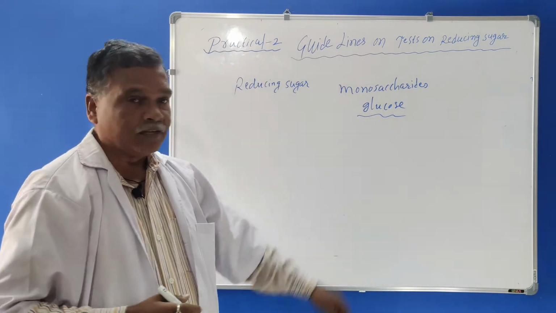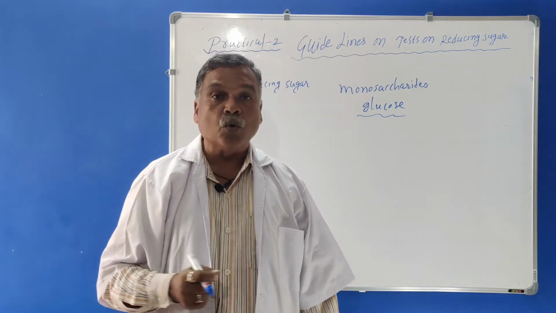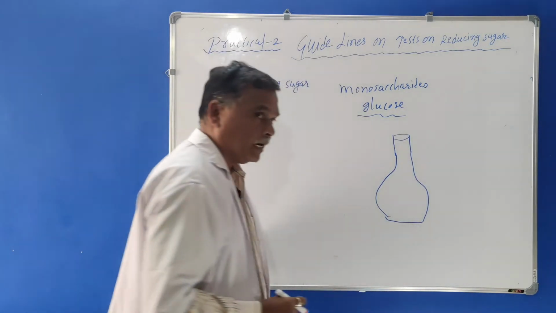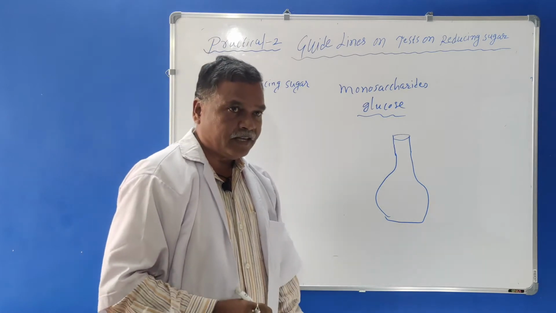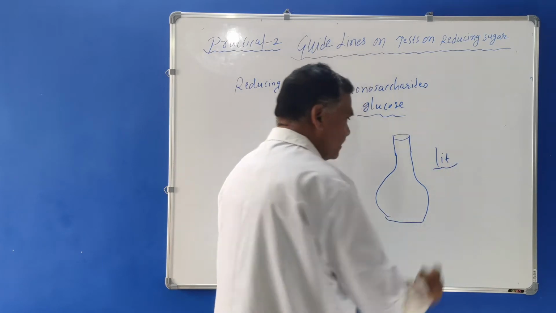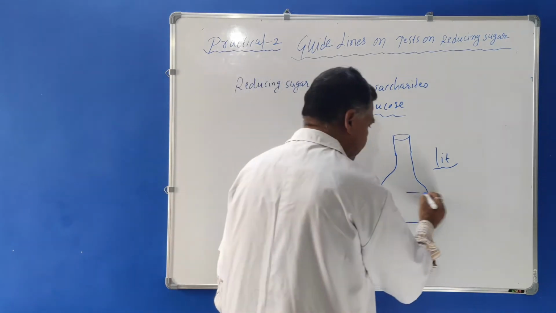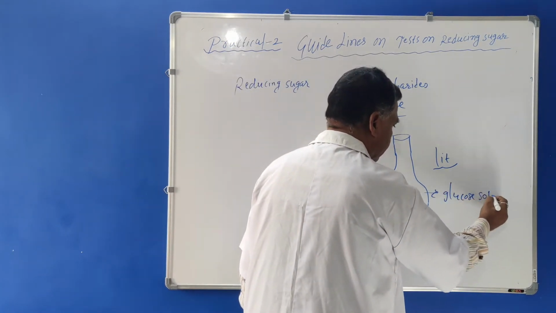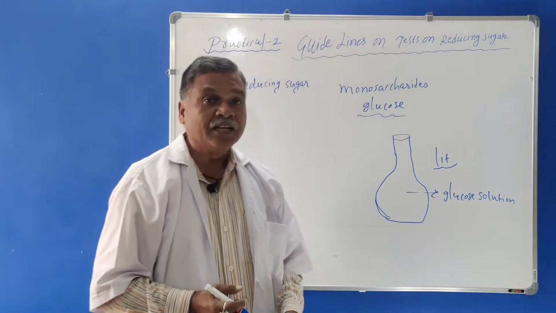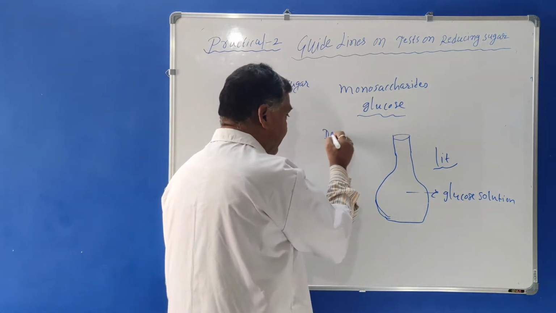So here this glucose solution is prepared first in a conical flask, and this flask is measured for 1 liter. This conical flask is the one in which glucose solution is prepared, and this glucose solution is prepared by taking the salt of D-glucose, known as dextrose.